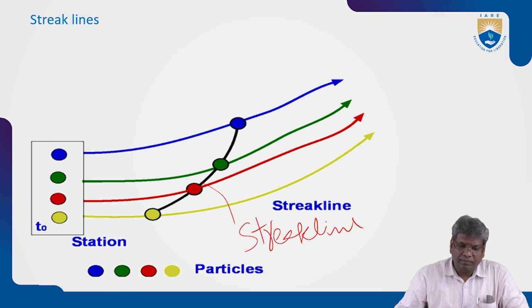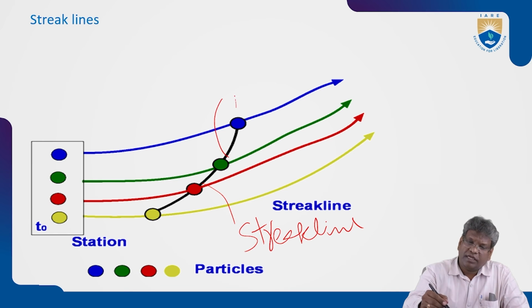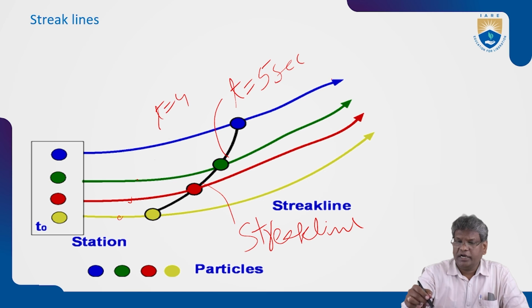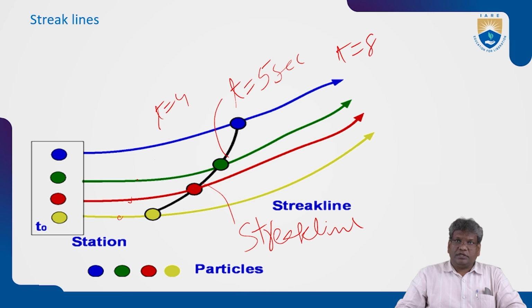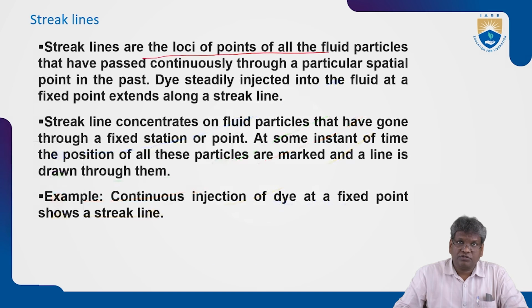Different fluid particles at a particular instant of time, say at t equal to 5 seconds, and initially at t equal to 4 seconds and t equal to 8 seconds. At time t, what will be the path traced by the fluid particles?